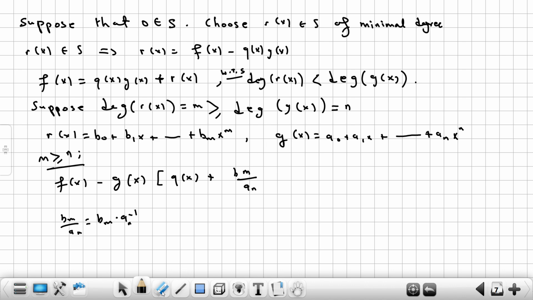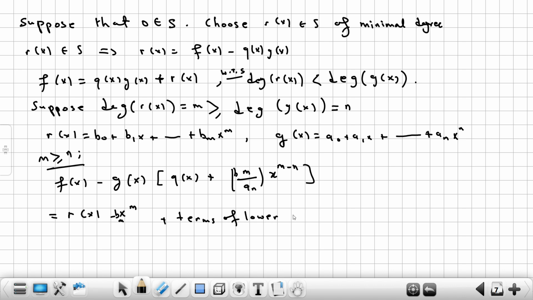So let's complete. Bm over an dot x to the m minus n. Simplify this expression, and you find that this is equal to r of x minus bm x to the m plus terms of lower degree, of degree less than m.